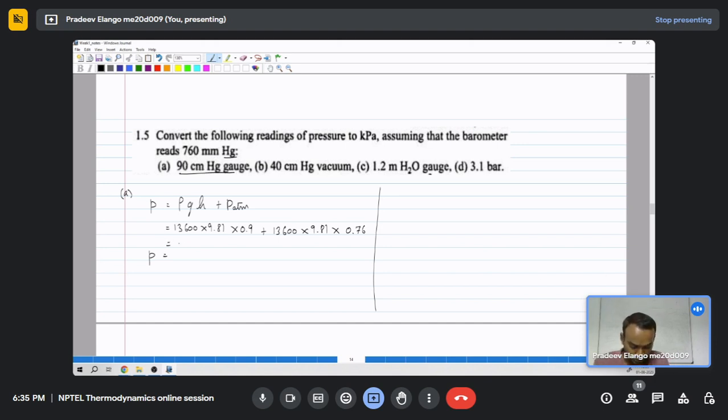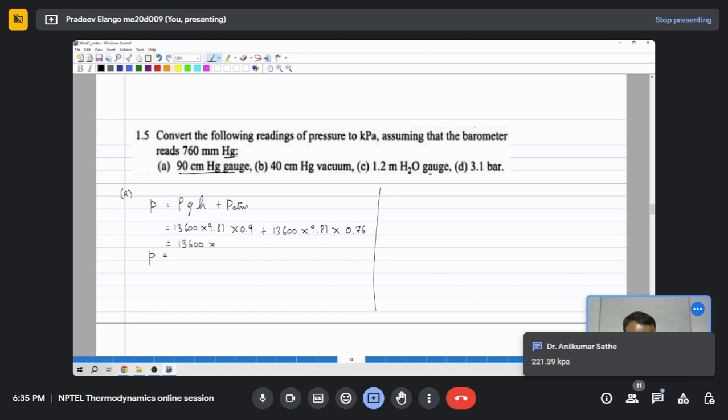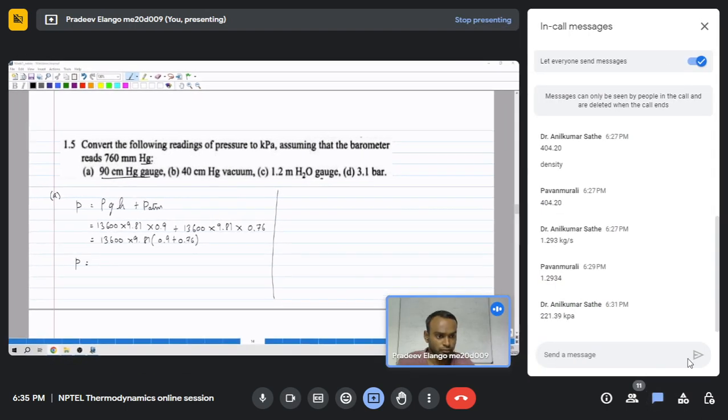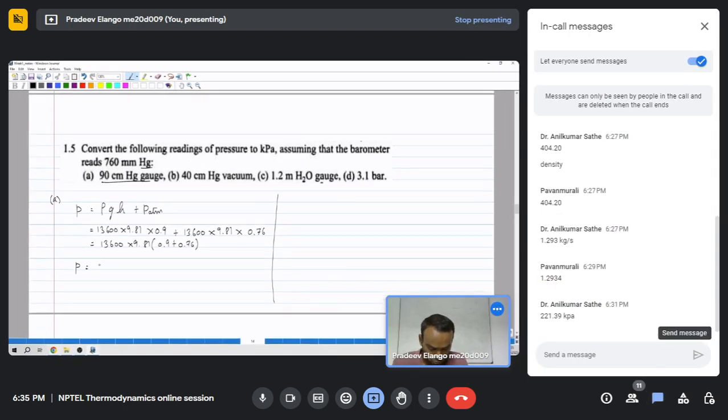This also can be simplified as 13,600 into 9.81 into 0.9 plus 0.76. So P, here we will get 221,390 pascals, and then if you want to convert to kilopascal, then you will have 221.39 kilopascal.